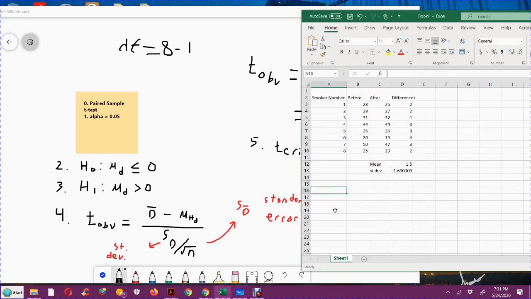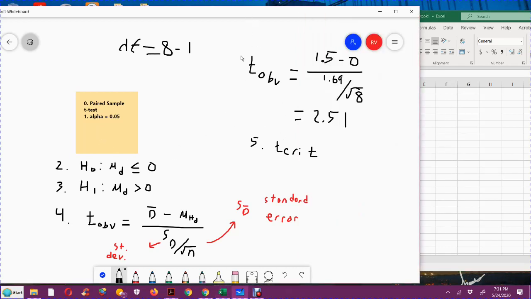To figure out this t critical value, I have to remember that I'm doing a one-tail test. So I want all 5% to be up in one tail, and it's the upper tail because I'm testing the alternative hypothesis that the difference is positive. So I want the line where it divides 95% below from 5% above.